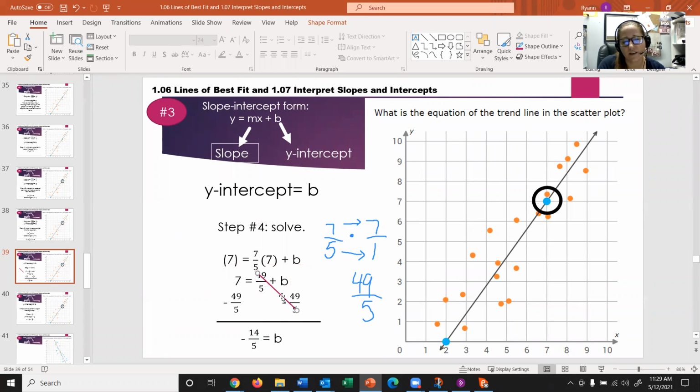And this is actually going to cancel out for us and just leave us with b. Now, when we subtract 7 minus 49/5, that's something that is going to be a little bit trickier to solve. If you choose to use a calculator, you can, but you can also do it by saying 7/1 minus 49/5.